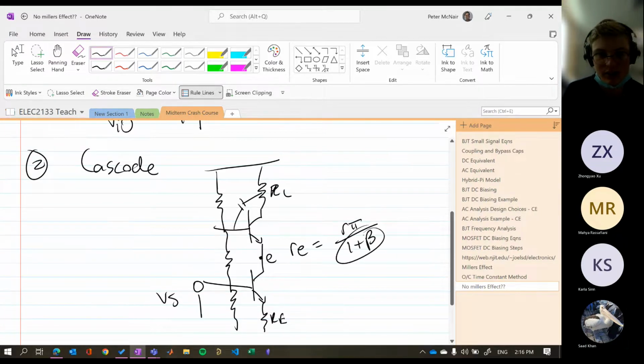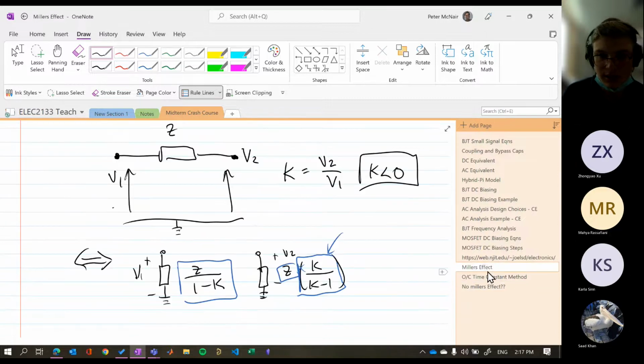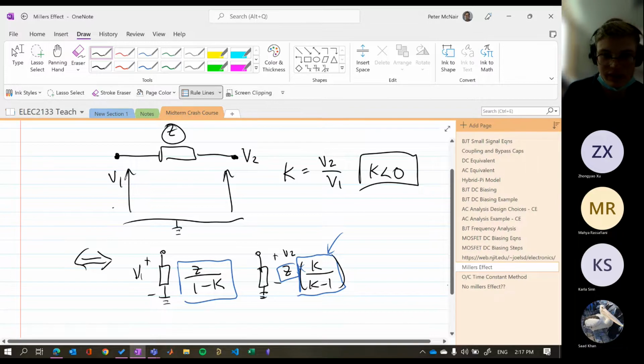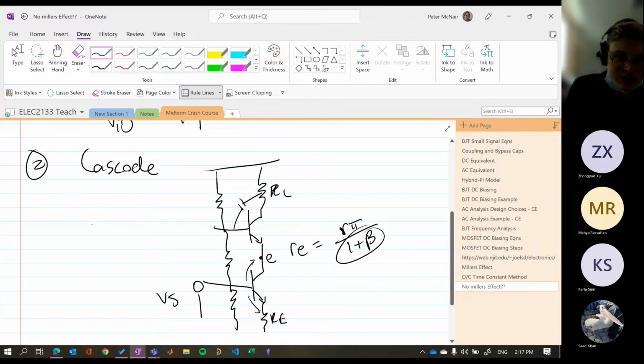So that's again this sort of reflection term. So if it's R pi divided by 1 plus beta, then Miller's effect, if you remember, is for any Z. So it's also for the resistance. So if we can decrease resistance, that will reduce Miller's effect.